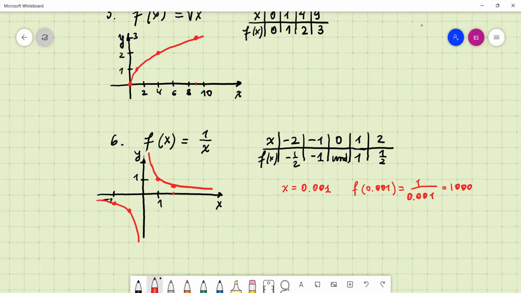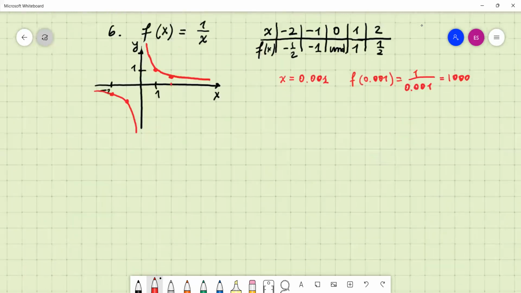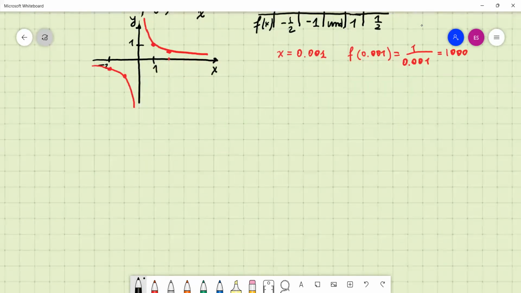Okay. One more, or let's say one more type of essential functions is called piecewise defined functions. What are piecewise defined functions?